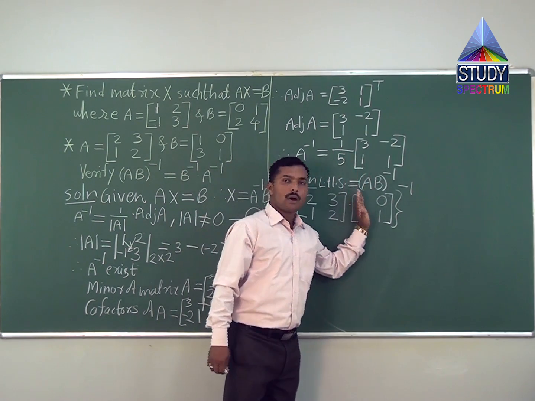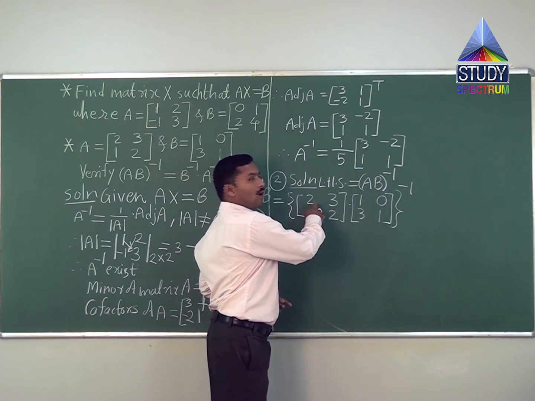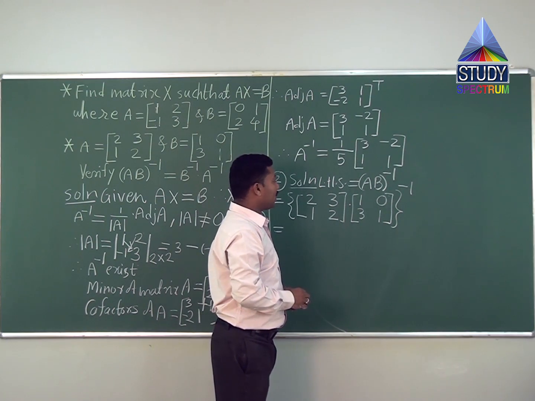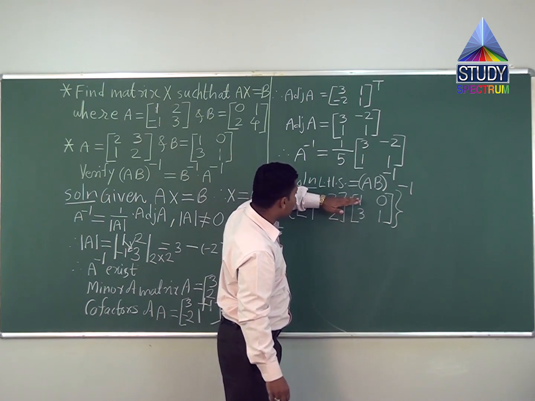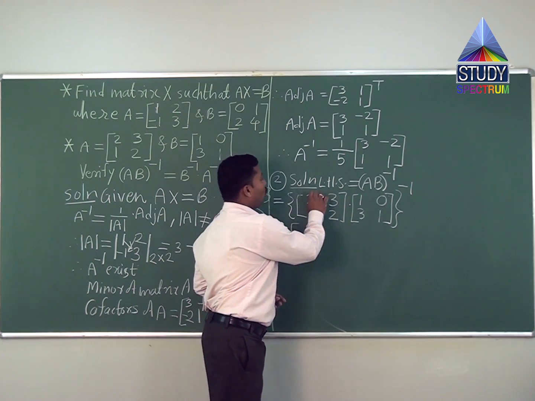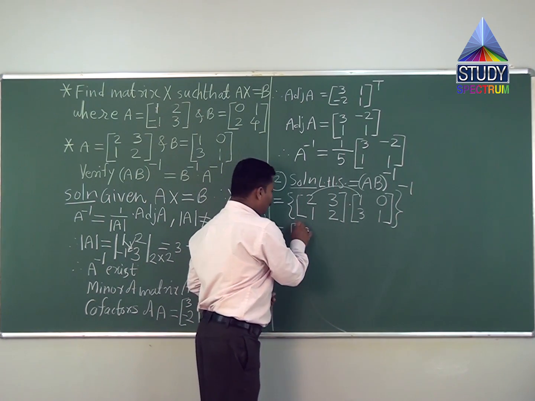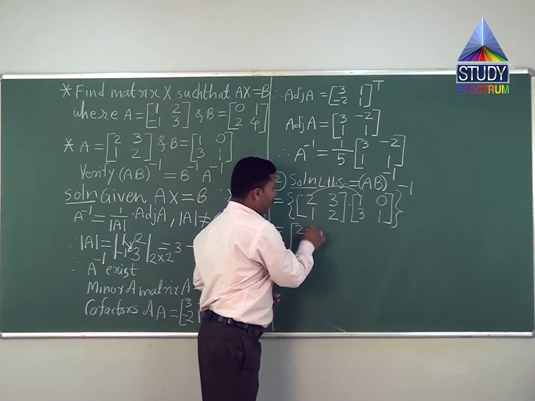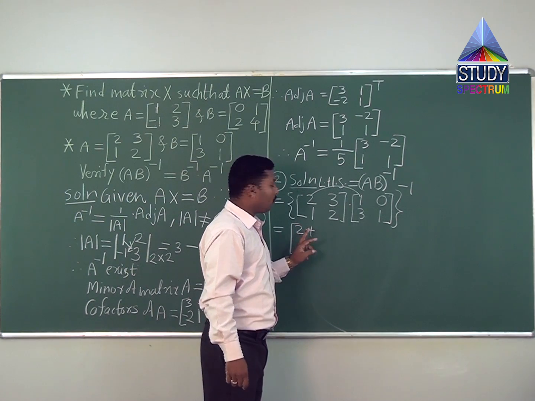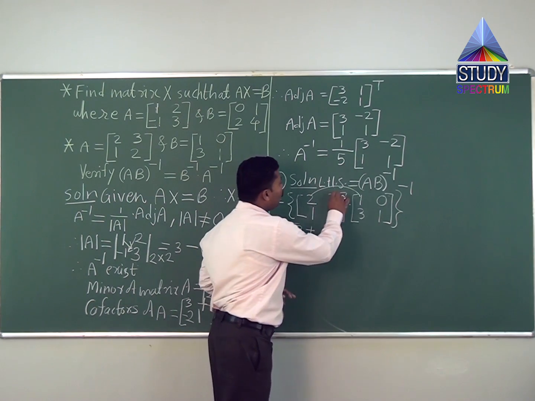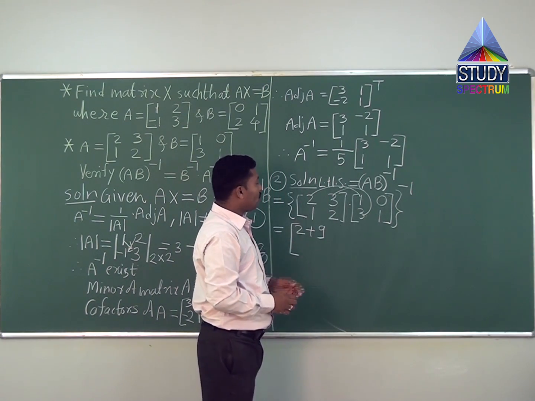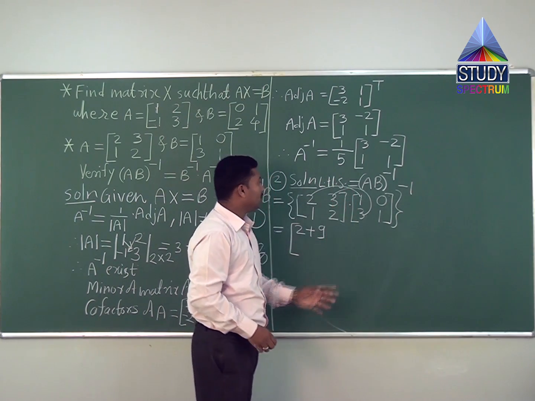So we take first row, first column. 2 into 1, 2. Sum means plus. 2 into 1 is 2 plus 3 into 3, 9. So first row, first column is finished.